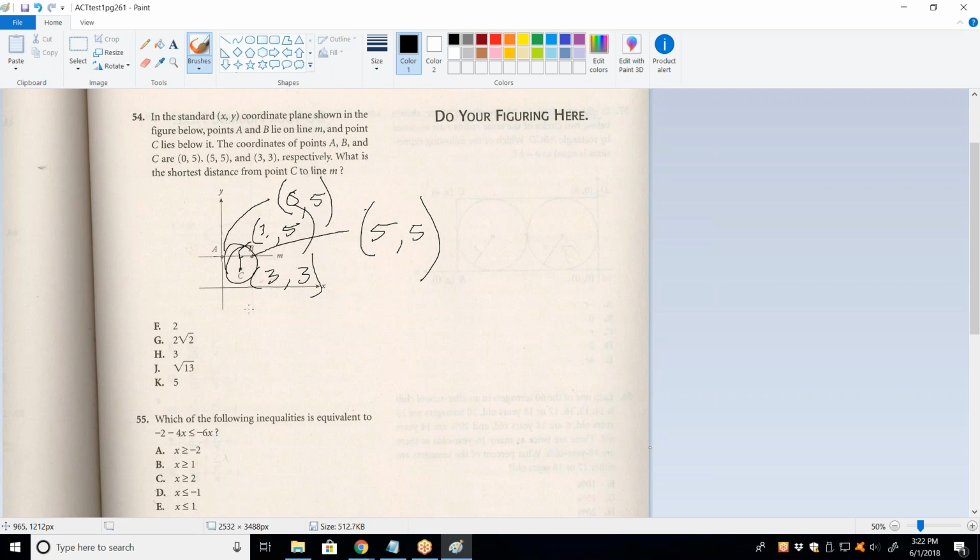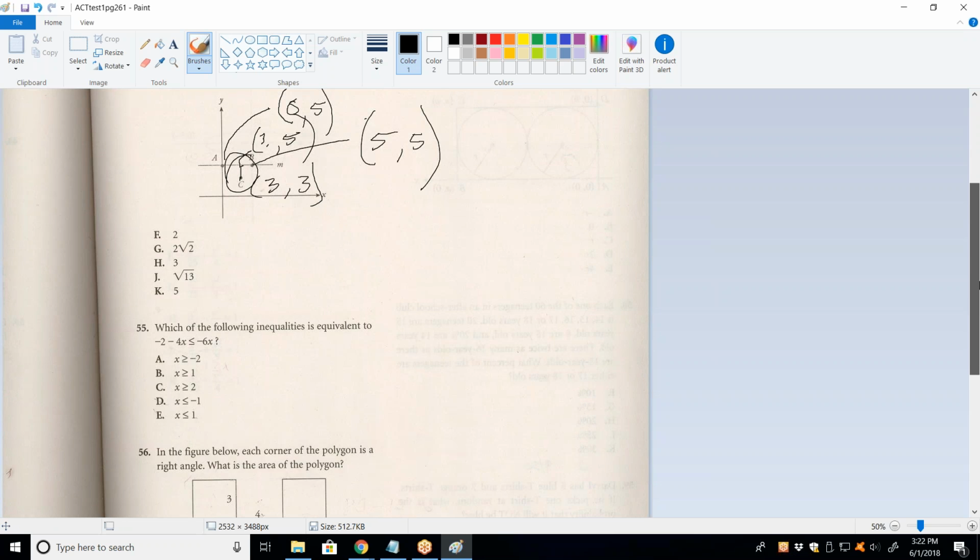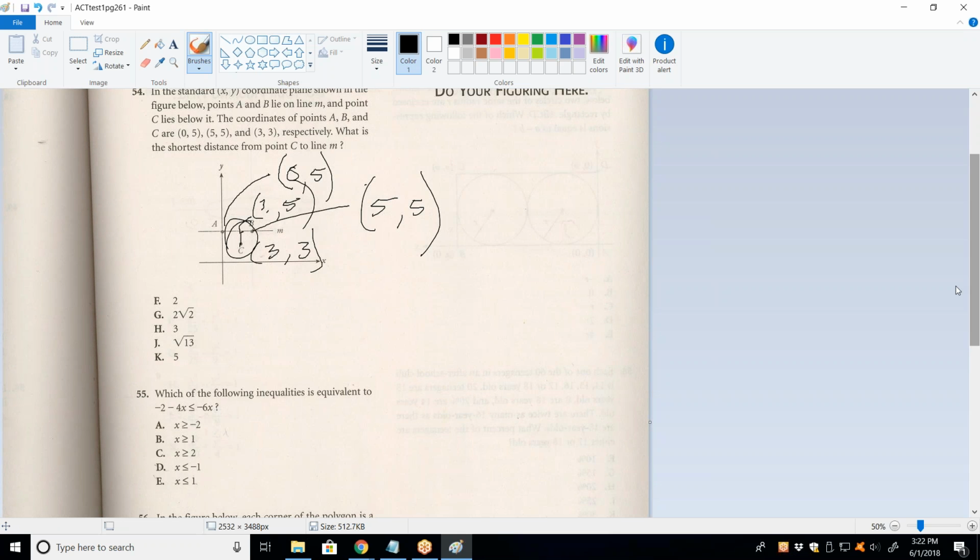And so it's the distance between 5 and 3. And don't worry about the fact that this is not drawn to scale. In other words, that right there is 0, and that's 0, 5. Yeah, no, they don't get any easier than this problem.